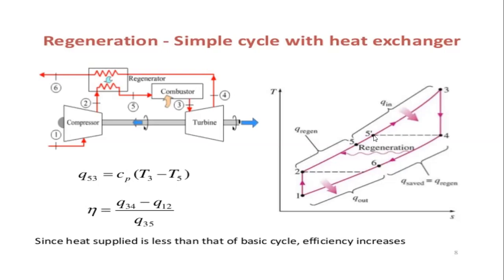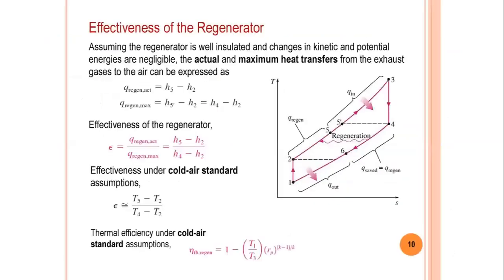We'll come to why it is so. In the case of ideal heat exchange, the temperature would have increased from T2 to T5 dash, and T5 dash would have been equal to T4. This would have been an ideal heat exchange, meaning the effectiveness of the heat exchanger would have been 1.